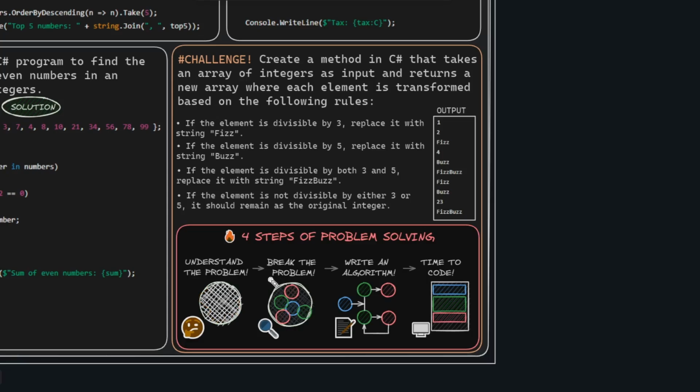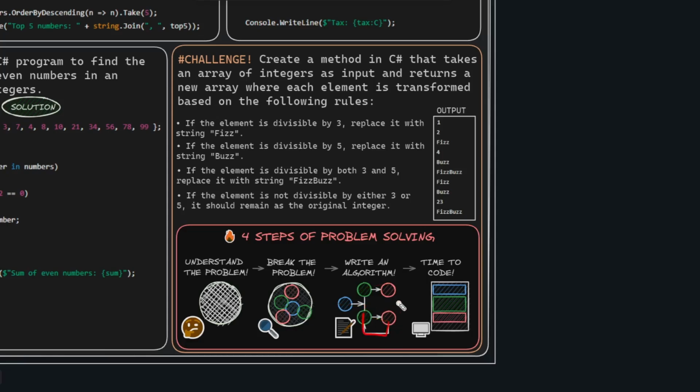Step 2, break the problem. Next, sort the puzzle pieces by edges and colors. In coding, break the problem into smaller tasks. Each piece of the problem should be manageable. Step 3, write an algorithm. Start putting the edges together. Outline a step by step plan for your solution in plain English or pseudocode.